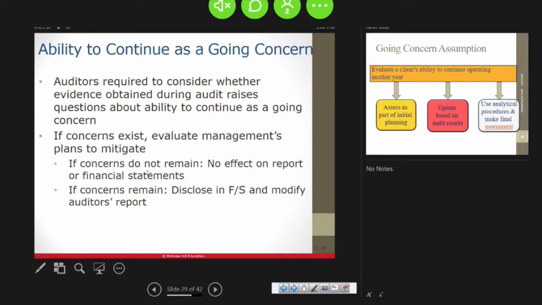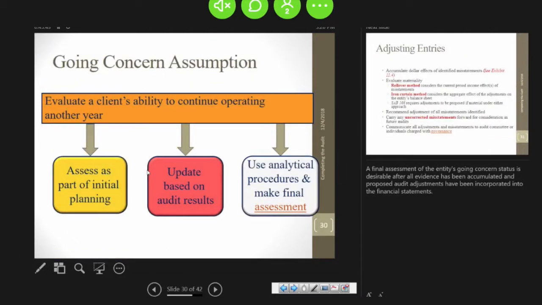I'll hold off on talking about that because we'll cover what that opinion looks like when we talk about audit reports. But that's their responsibility to alert the users of the financial statements that there's a concern about the company's ability to continue as a going concern. And as I said before, it only extends to a year. They're not looking 2, 3, 4 years out.